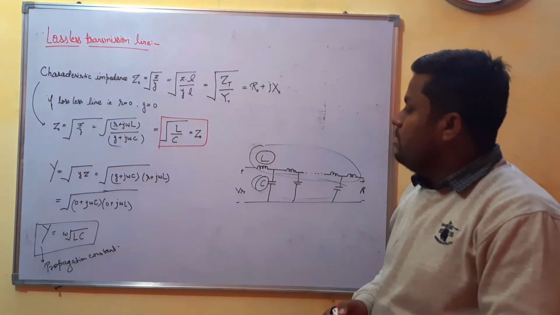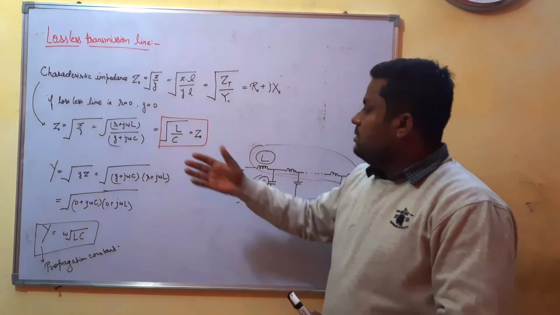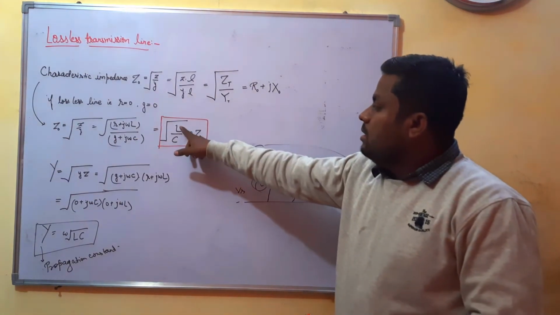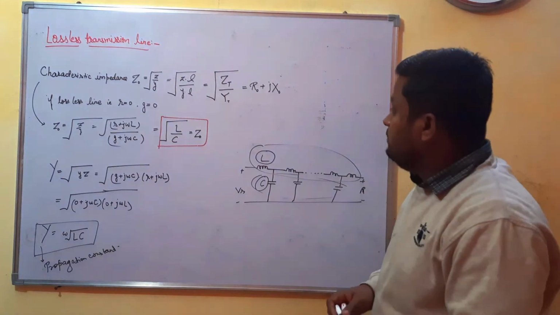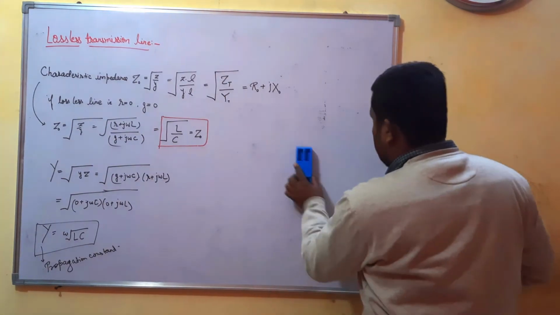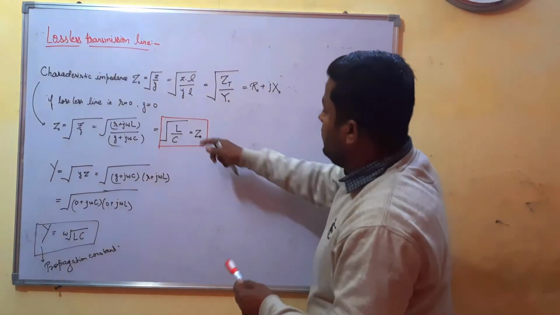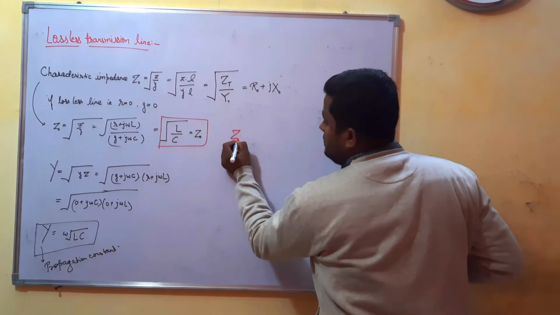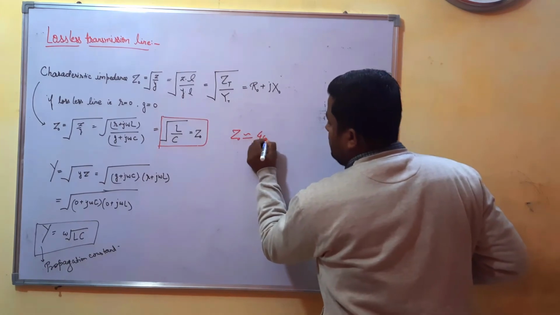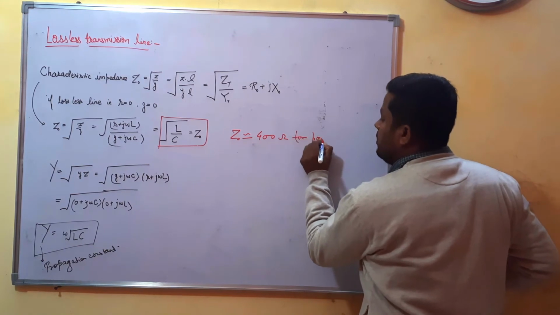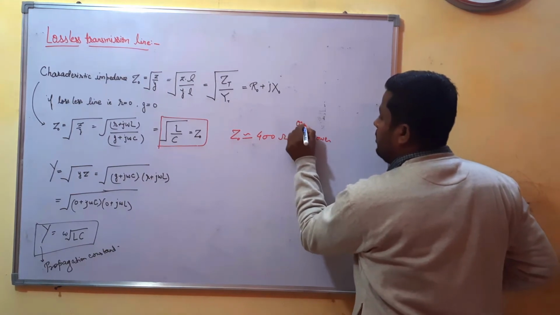Now one thing to note here about the characteristic impedance is that normally, for overhead power transmission lines, the value of the characteristic impedance Z0 is approximately 400 ohm.